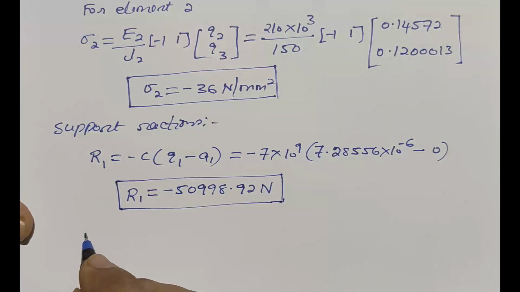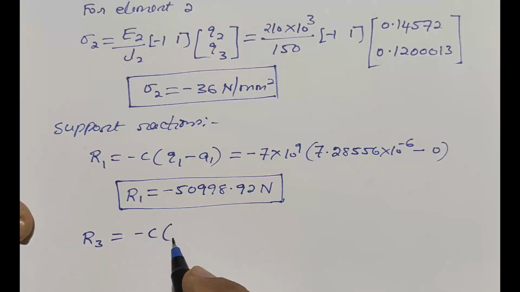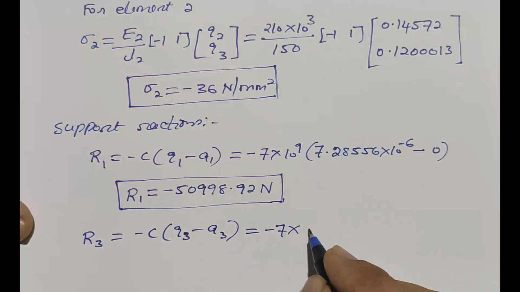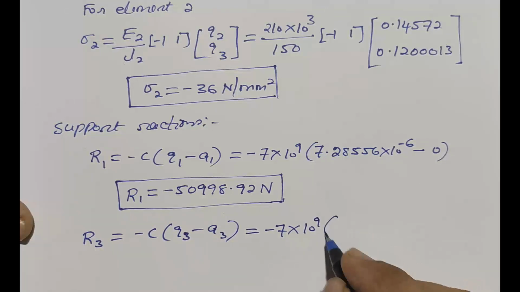Next we need support reaction at node number 3, that is R3 is equal to minus C into corresponding spring displacement, that is Q3 minus A3 equal to minus 7 into 10 power 9.